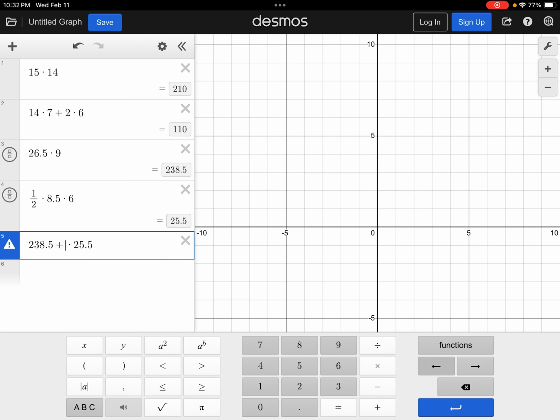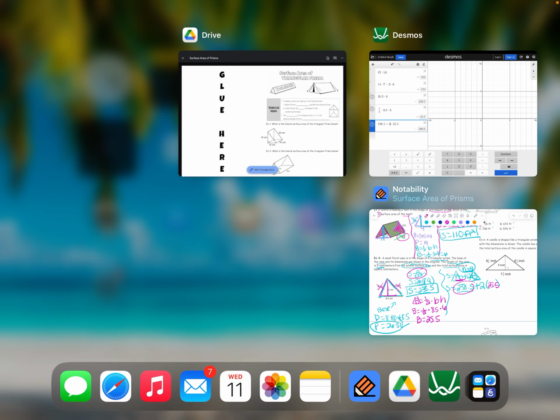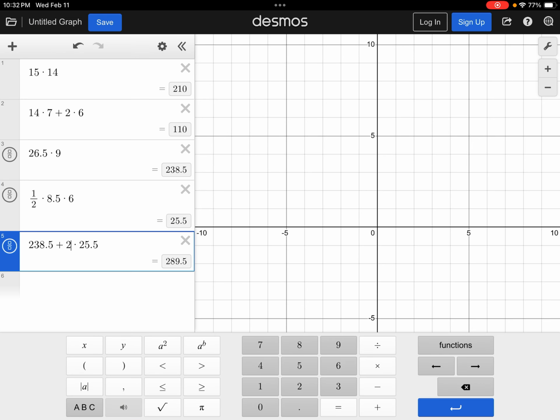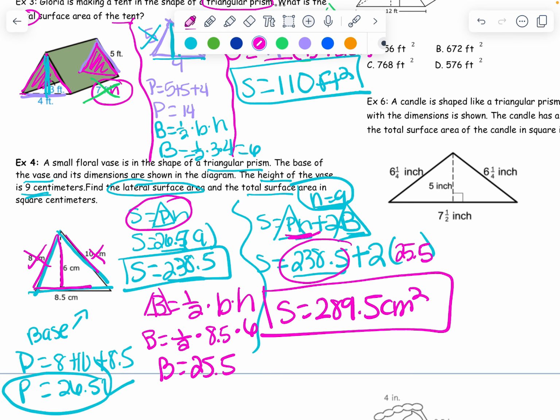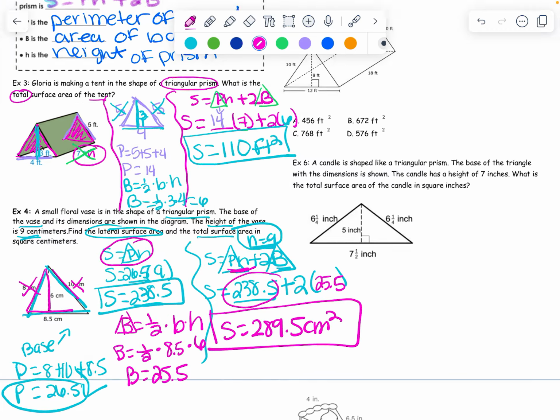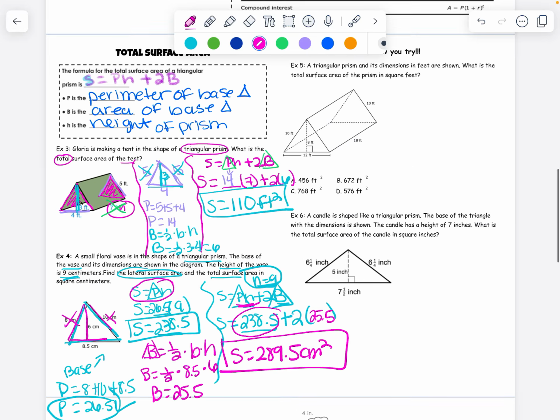And it looks like I missed my 2 here. And that's just part of the formula. So the total is 289.5 centimeters squared.